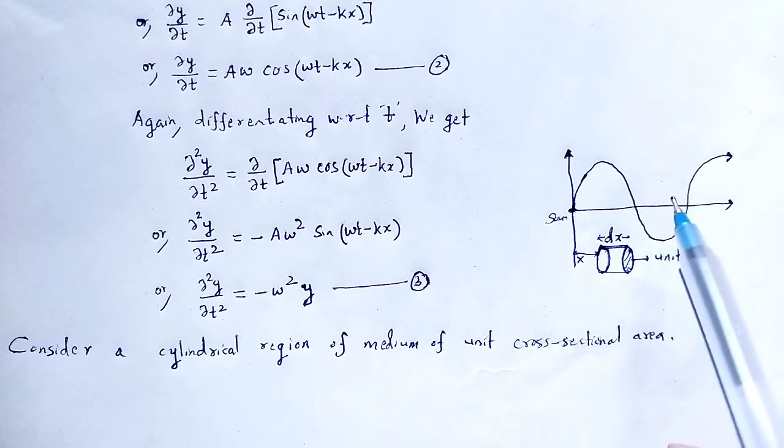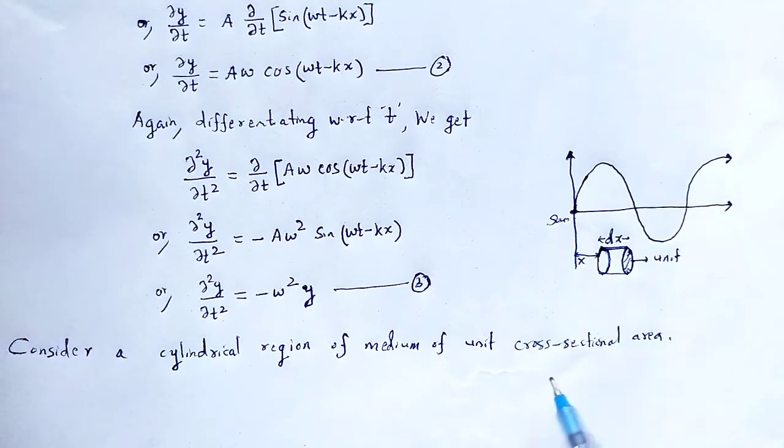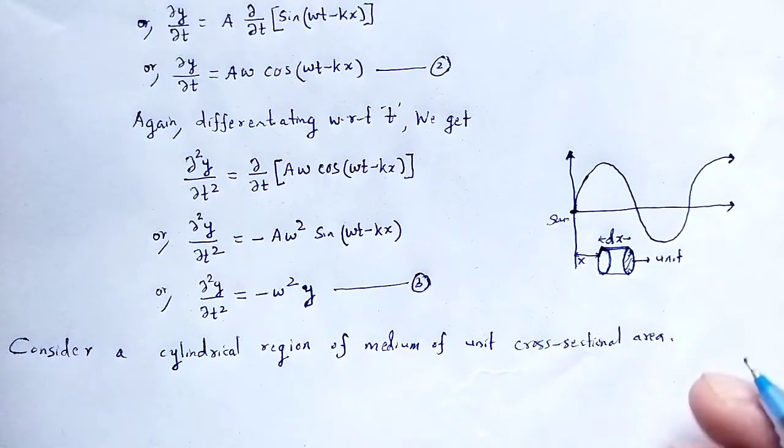So, we consider a cylindrical region of the medium having unit cross sectional area.